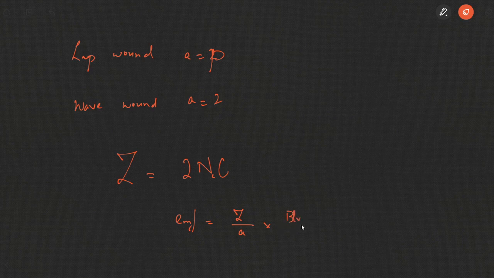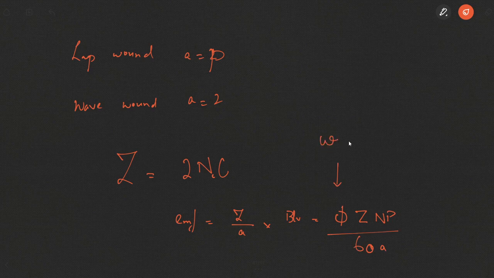Now we can actually represent V in terms of R omega and B in terms of phi by A. So therefore this becomes equal to phi Z N P divided by 60A. I have done actually one more thing here.